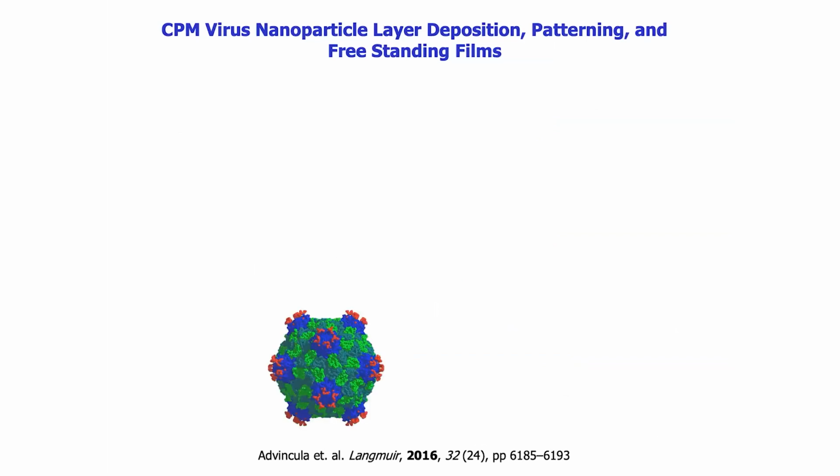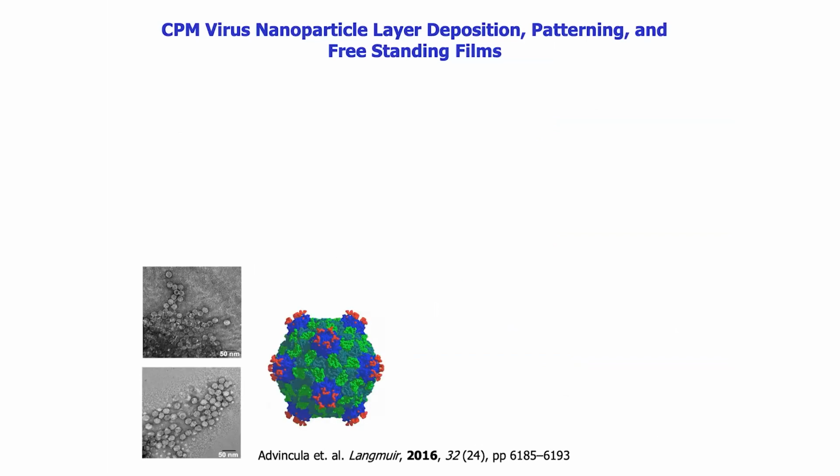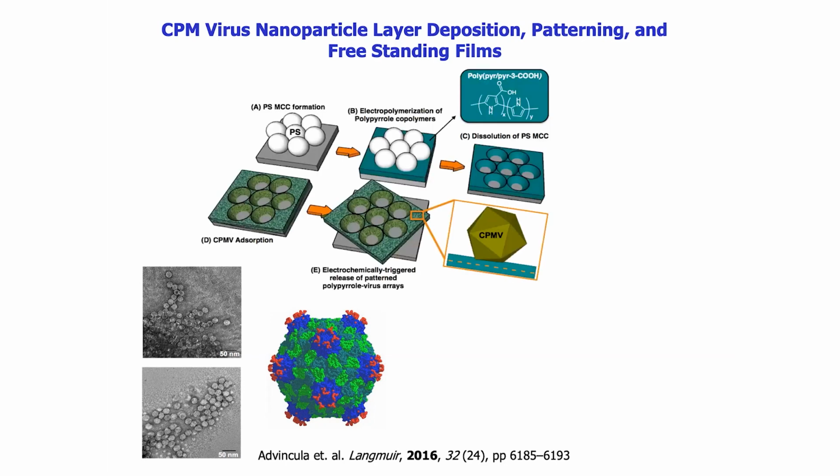Now we can use these viruses also as nanoparticles, as shown here. The symmetric virus by TEM has a net charge. That charge can be utilized to bind on polyelectrolyte layers as well as on arrays of colloidal lithography templates.